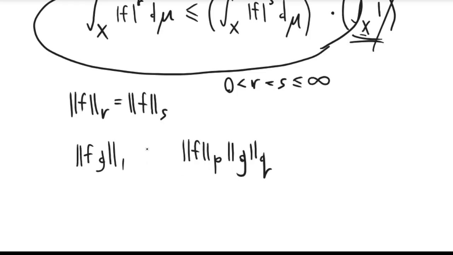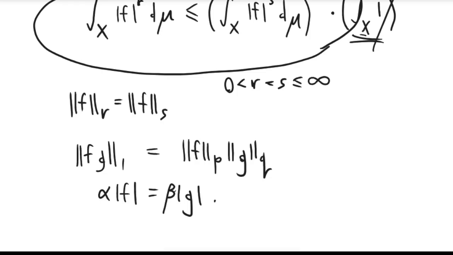But this becomes an equality if and only if there are constants alpha and beta such that almost everywhere this is true, and alpha and beta are not both equal to 0. Again, this is just the second part of Holder's inequality.